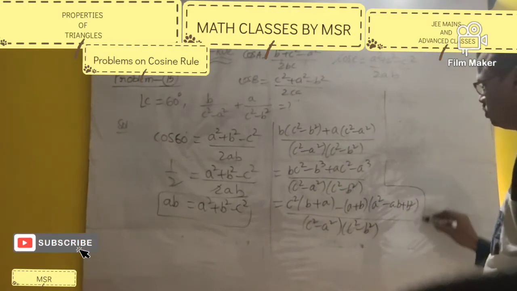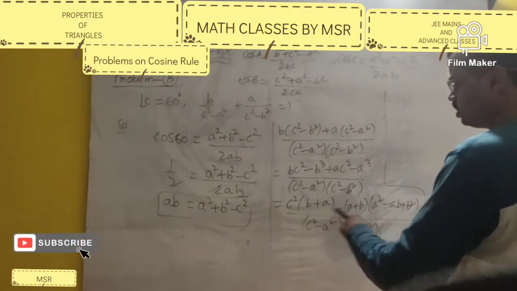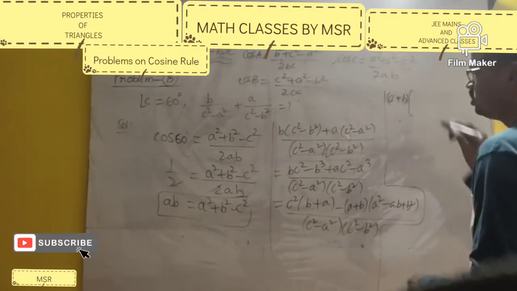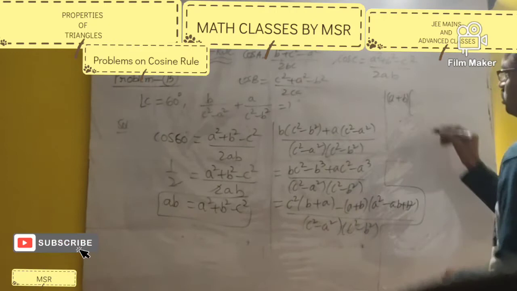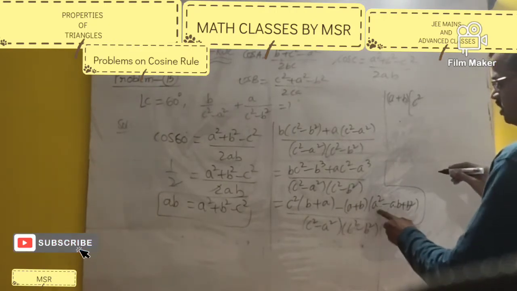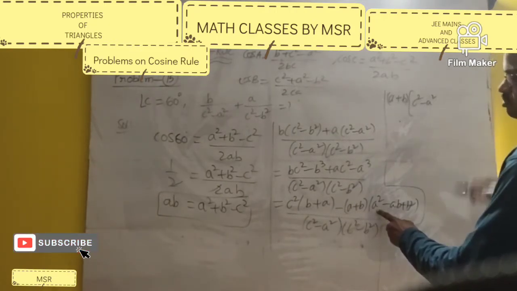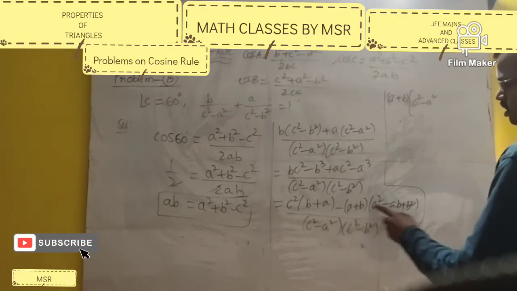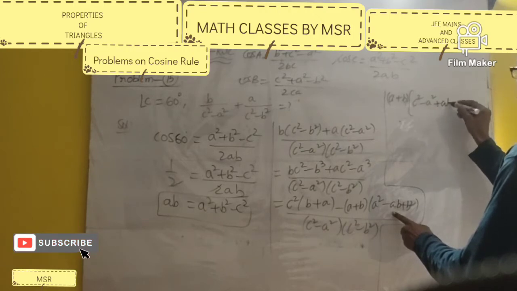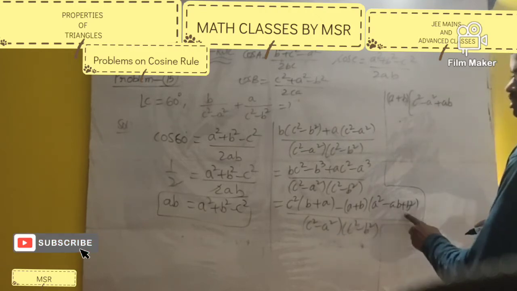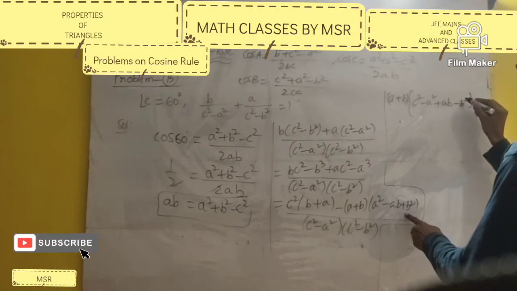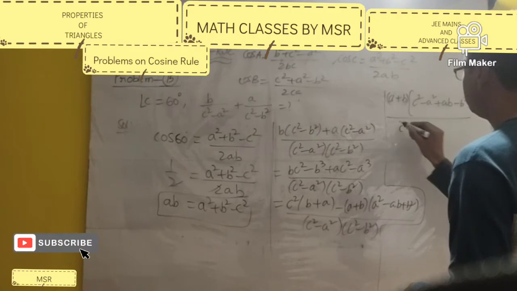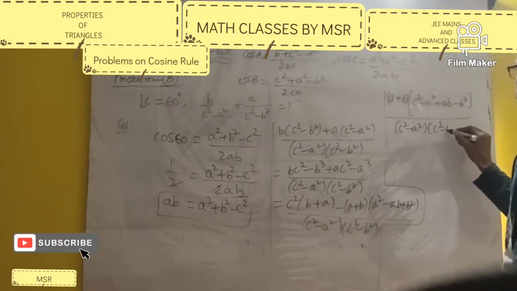Okay, in the numerator if you observe, I can take A plus B common. If you take A plus B common, what will you get? C square minus of A square, minus of minus AB plus AB, minus of B square, by C square minus A square into C square minus B square.